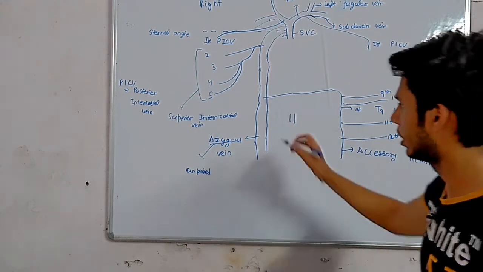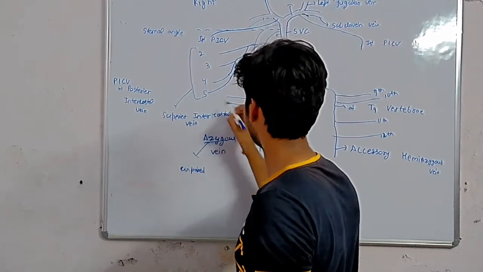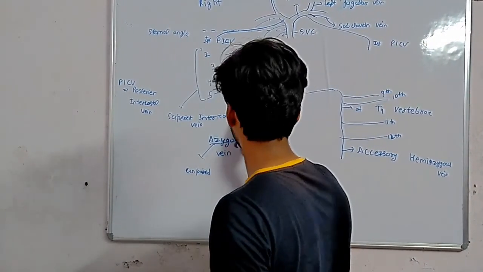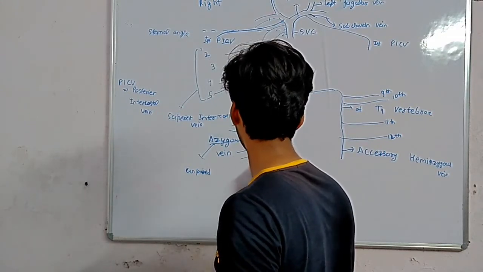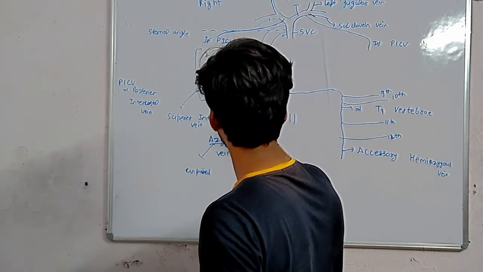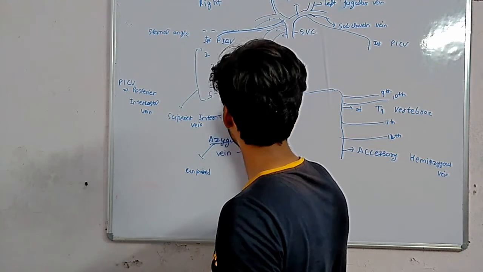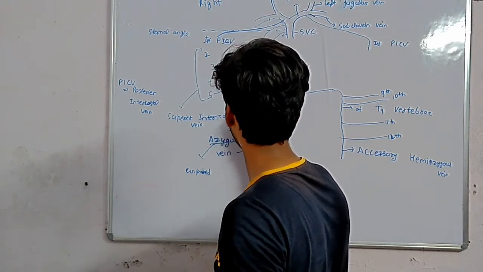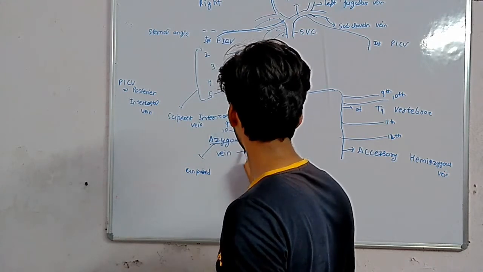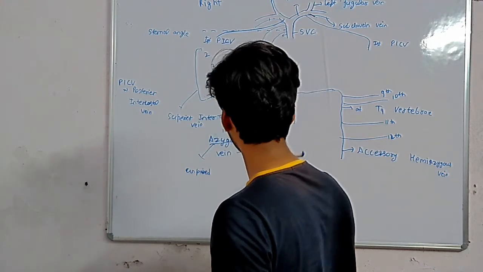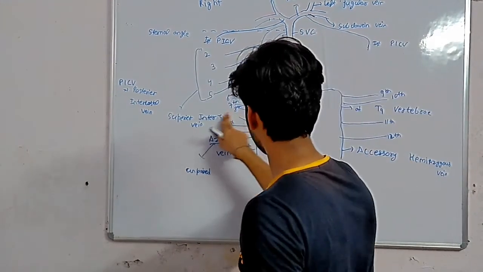Then here the same: 1, 2, 3, 4, 5, 6, 7, 8, 9, 10, 11, 12. The sixth, seventh, eighth, ninth, 10th, 11th, 12th intercostal spaces. How many intercostal spaces do we have? 11.